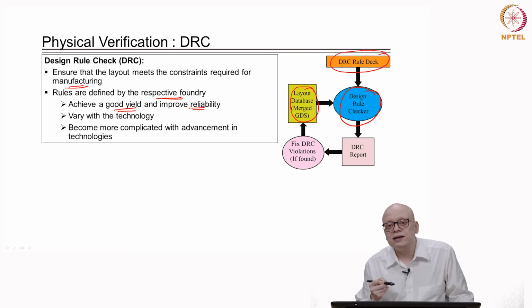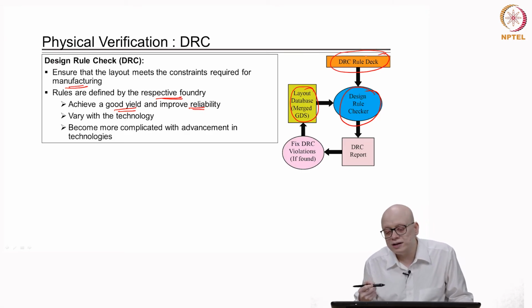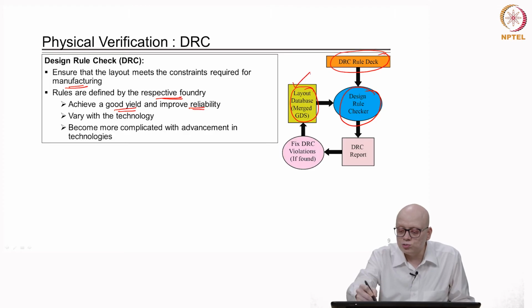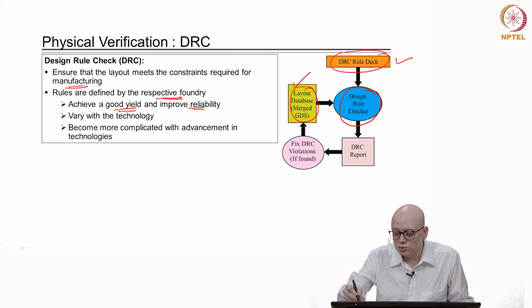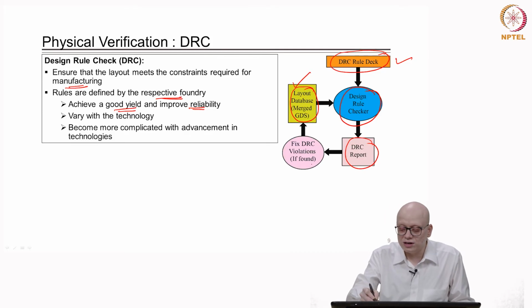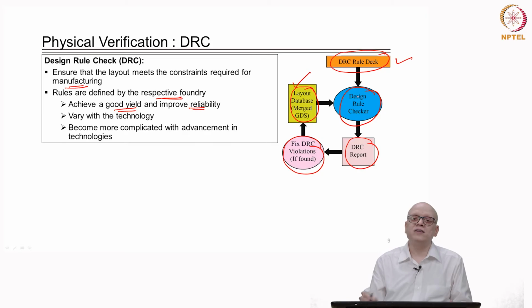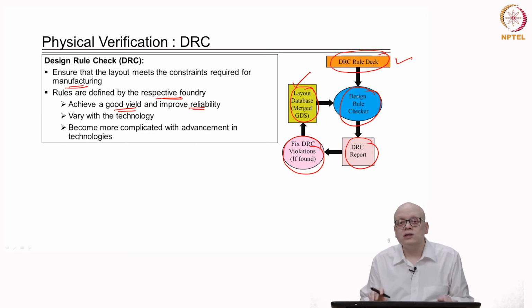This contains the rules that need to be followed in the layout. Using these two pieces of information, the design rule checker will generate a DRC report, and if we find violations, then we need to fix them. This has to be done iteratively until we have fixed all the design rule violations.